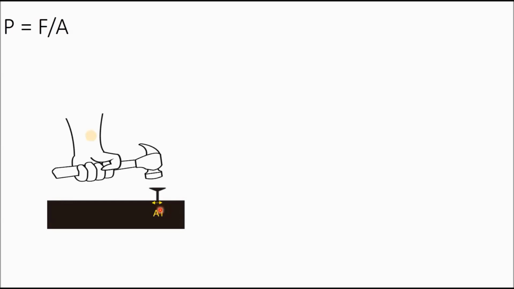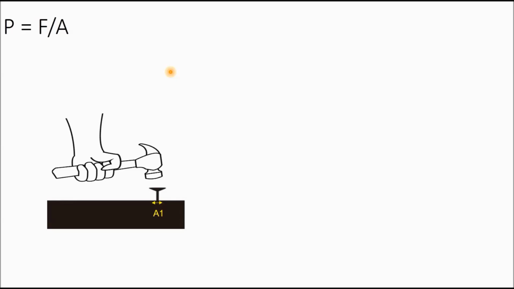So the pressure required is less, because you can see that P is equal to F by A, where A is in the denominator. So if A decreases, the pressure increases.